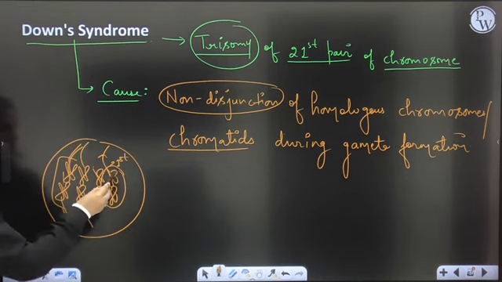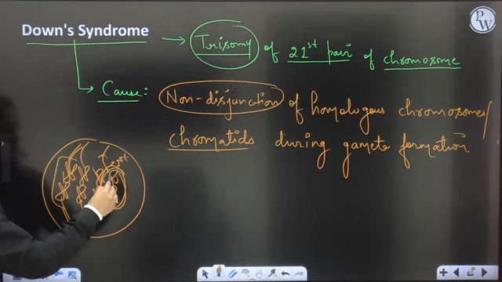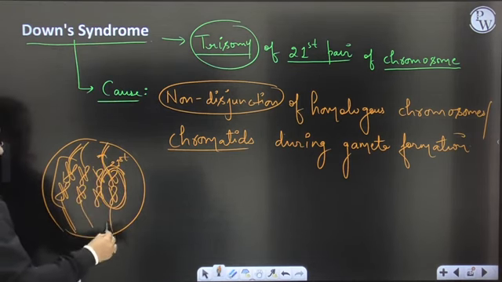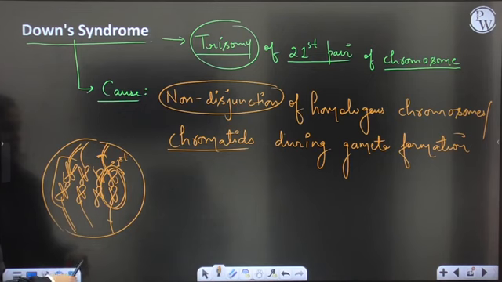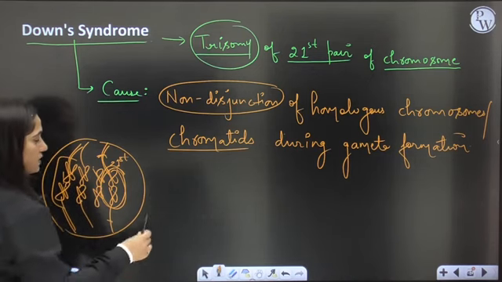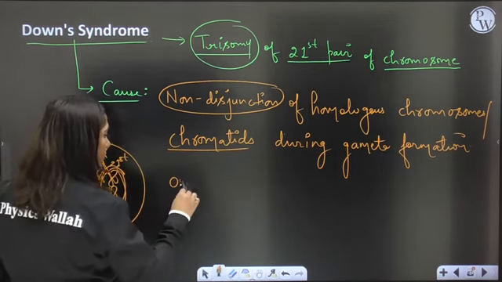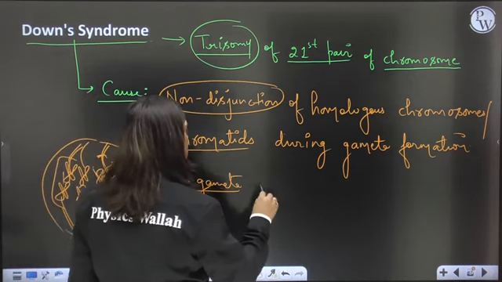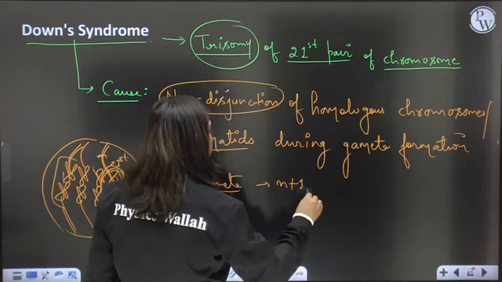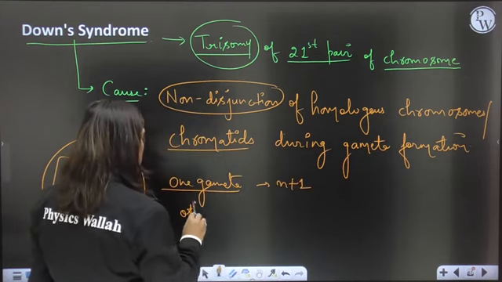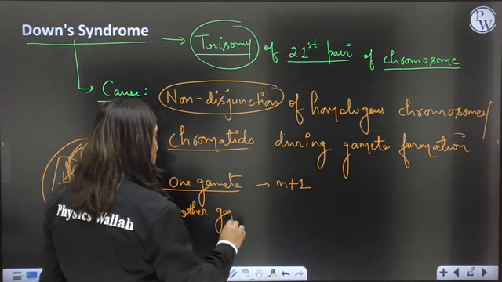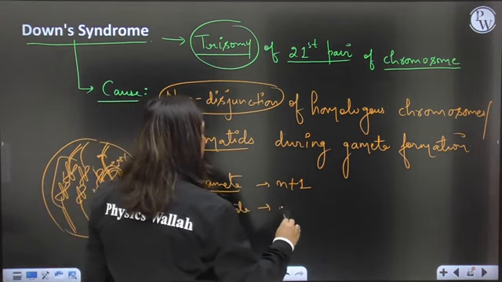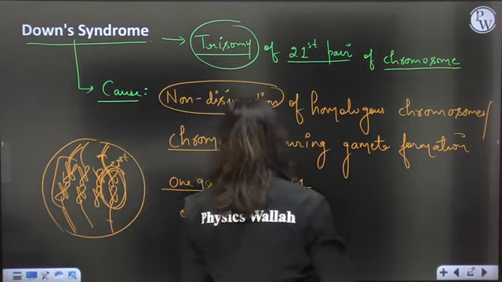But in the 21st pair, both chromosomes go to one side, and to the other side no one goes. That means what will be the situation? One gamete will have the condition n+1, and the other gamete will have the condition n-1.